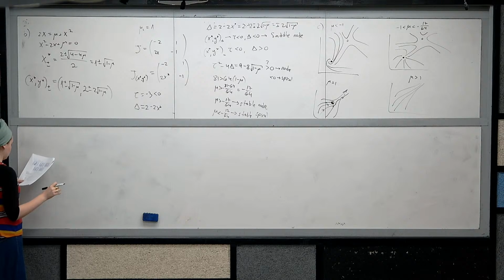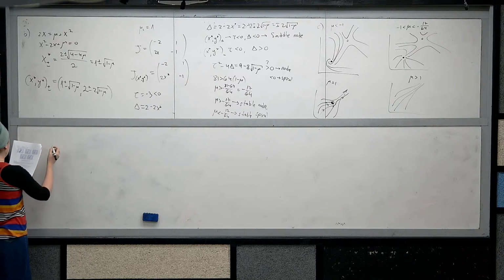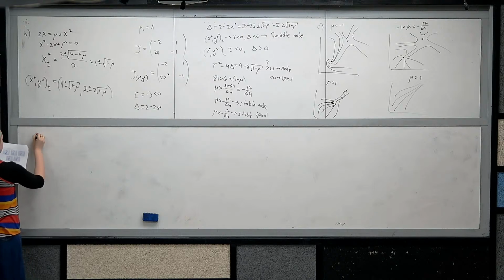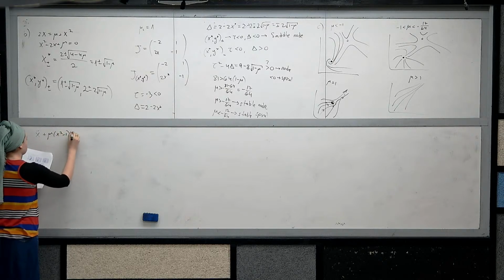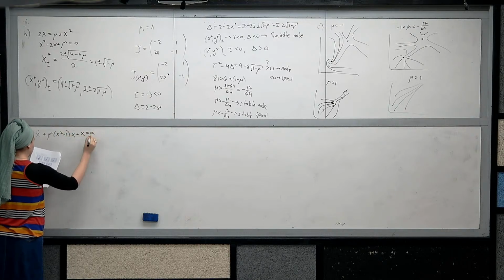And next, consider the Van der Pol oscillator: x double dot plus mu (x squared minus 1) x dot plus x equals a.